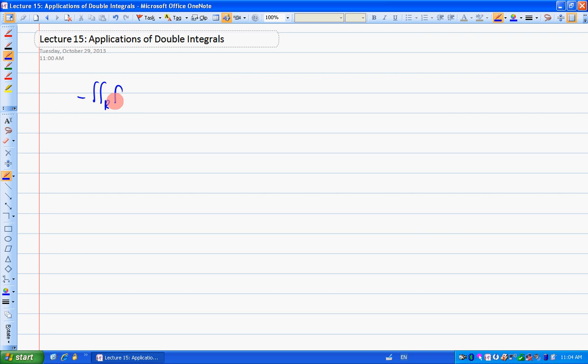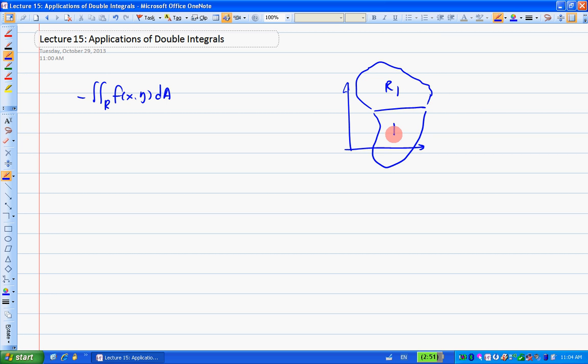You're integrating this function f over a certain region R. If this region R can be separated into two regions, then this double integral can be done by integrating over R1 and R2 separately. Chances are you won't be able to integrate the whole region R at the same time, so you're going to have to do it separately.